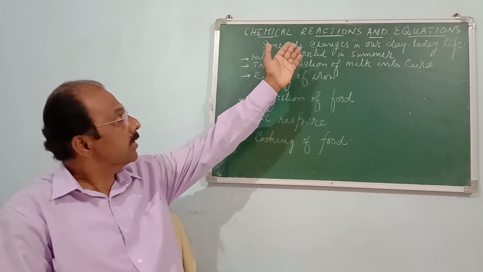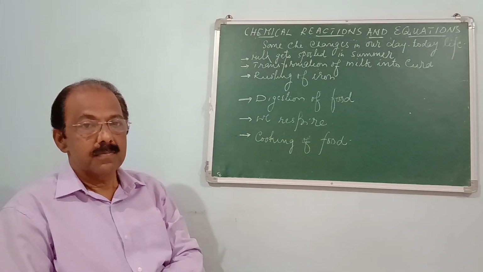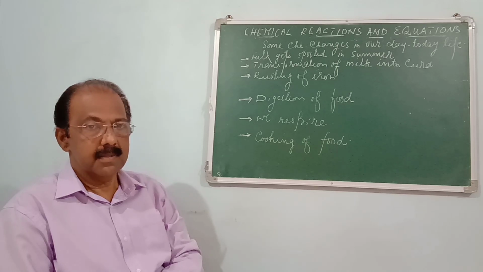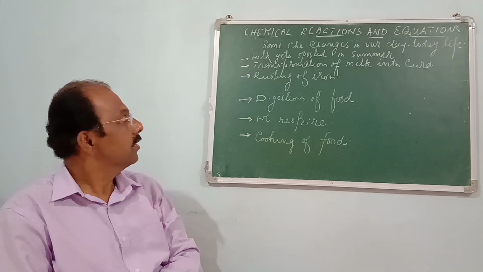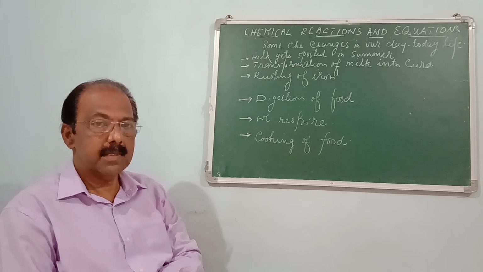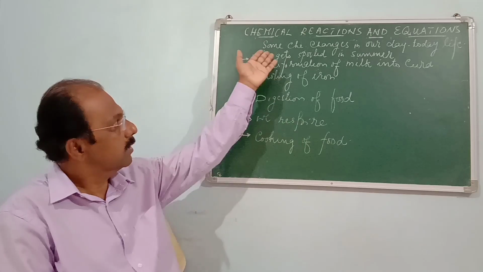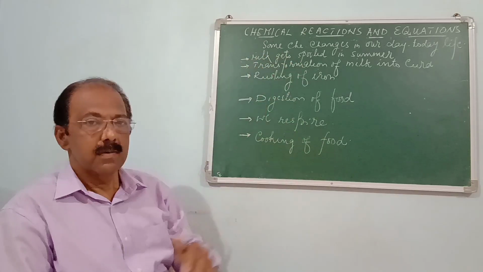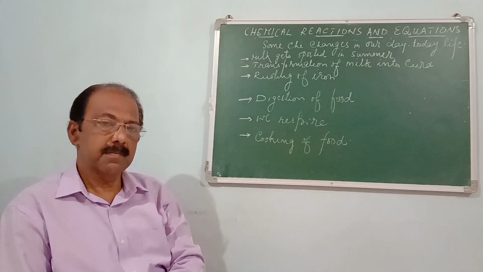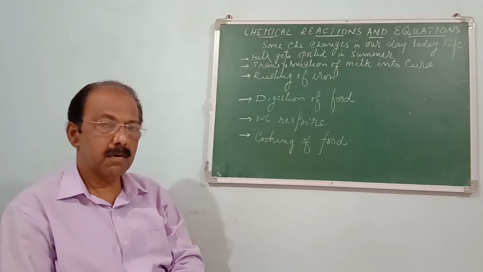And if you go through the chemical reactions in our day-to-day life, some of the examples we can go through. So we know certain changes that take place in nature in our everyday life. Some of the examples I wrote already here. We know that in summer season, milk gets spoiled if we keep it open for a long time.